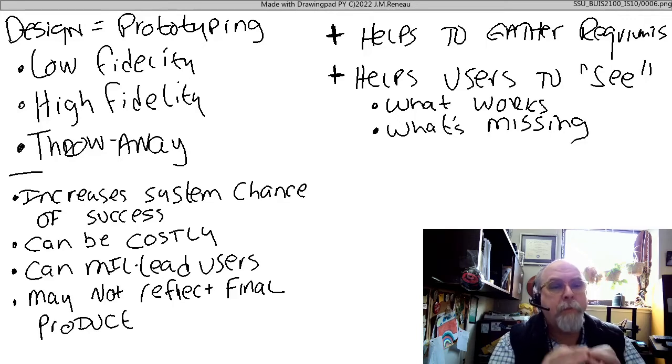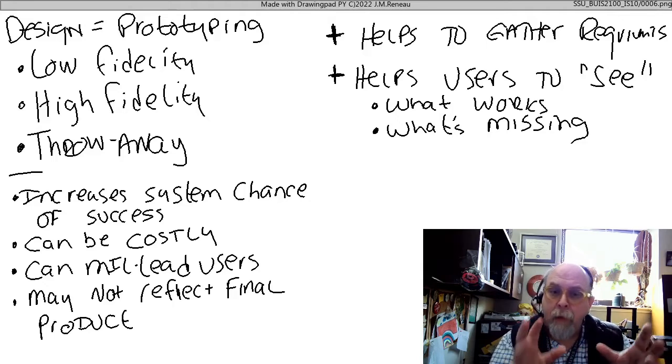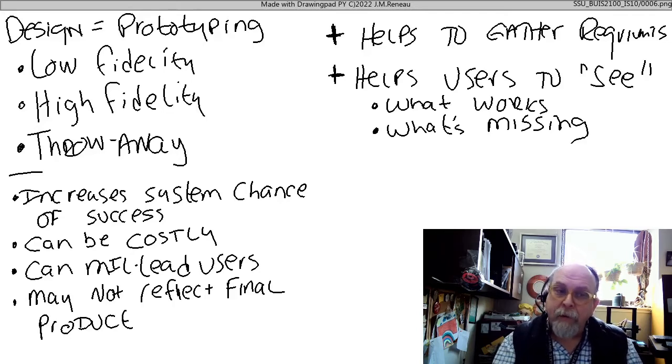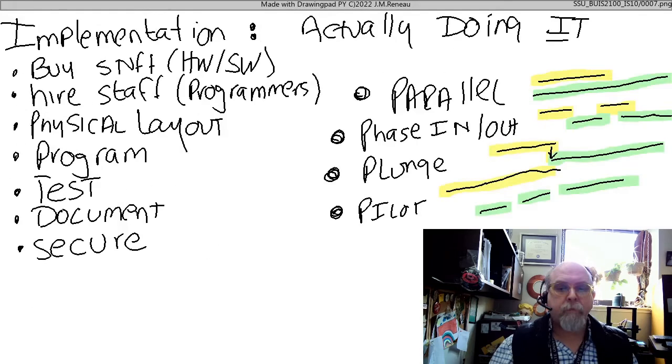Remember that prototypes are used to increase a system's chance of success by actually creating a model, something that someone can walk through or touch or see or play with. It really can increase our chance of success. Prototyping can be expensive, but it can be really positive and very useful in the design phase.